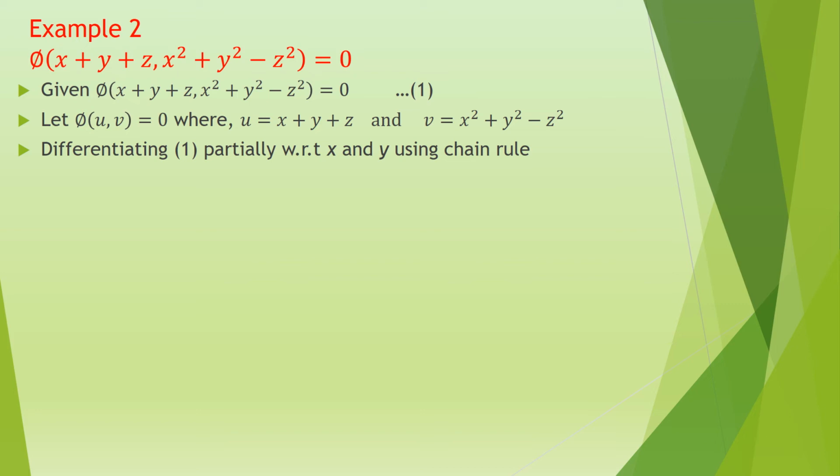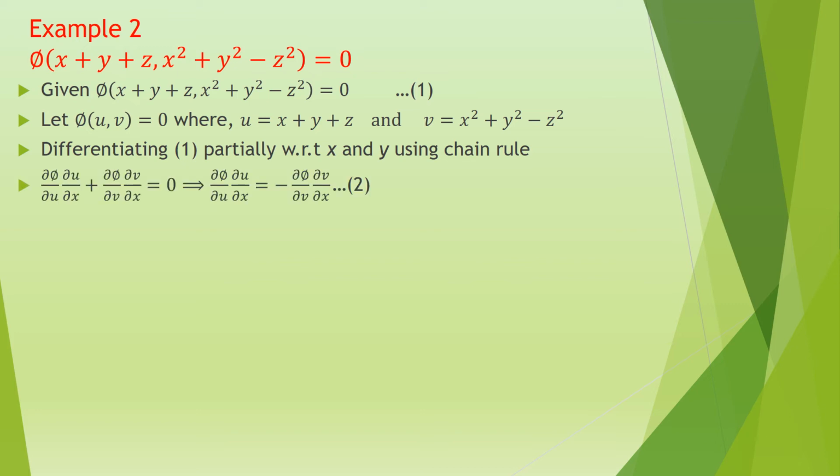So what is the chain rule? We have to use the chain rule whenever a function of this type is given. Here phi of u, v equal to 0, where u is a function of x, y and v is also a function of x, y. This time we have to use the chain rule.